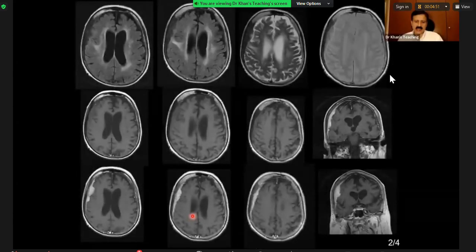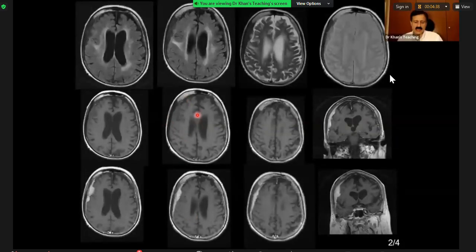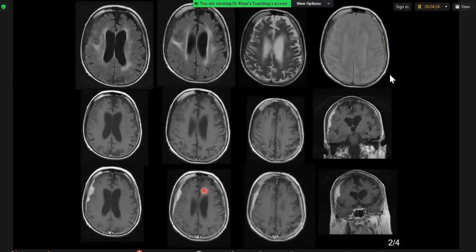I have given you an MR for this. What do you think is happening? Okay, so just concentrating on that abnormality that we saw on the CT, let's look at the pre-contrast T1 and post-contrast T1. Firstly, the area in the extra-axial space is enhancing, which obviously no subdural collection would do.